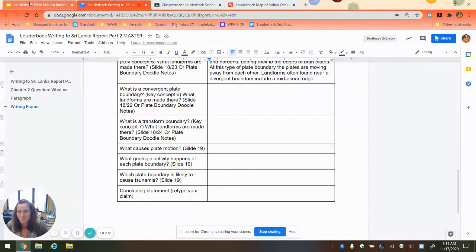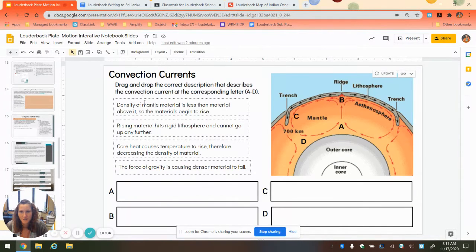So what causes plate motion? If I look here, it's the convection current that's causing plate motion. The magma that's rising and falling within the mantle. Okay, that is the key thing here. That's what's causing these plates to move. And it's the convection current itself that's driving this motion.